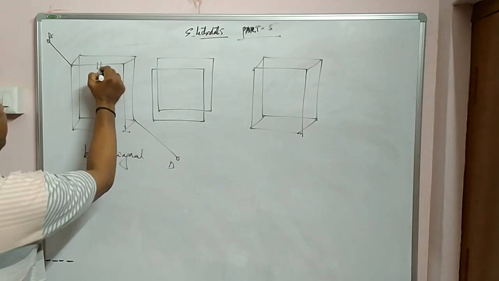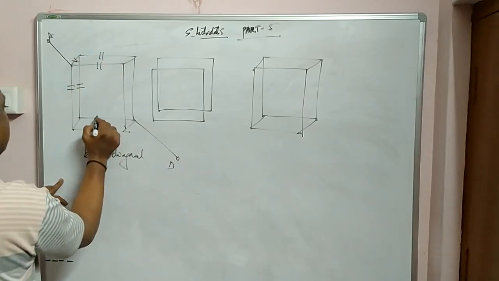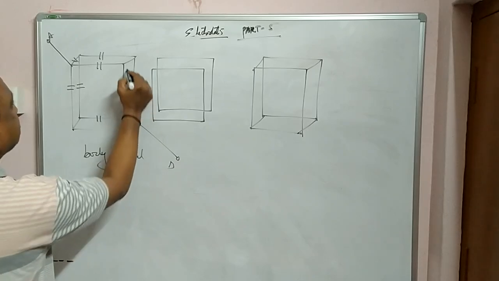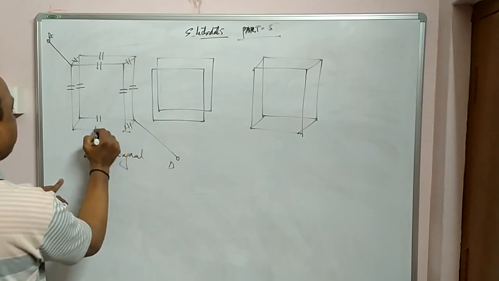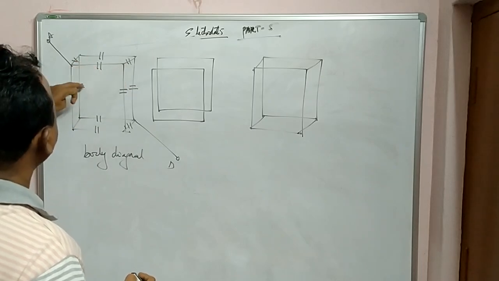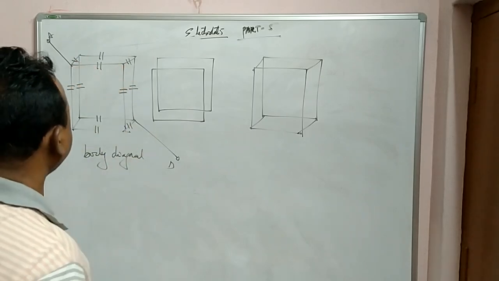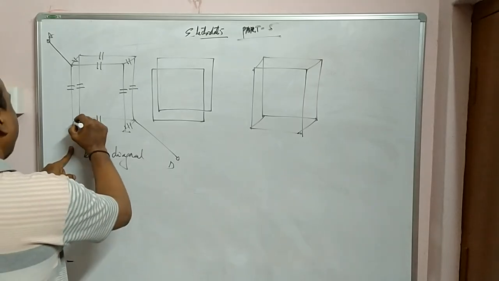Equal capacitance values. The same value: 1, 2, 3, 4, 5, 6, 7, 8, 9, 10, 11, 12, there are 12 in total, please check. One more here, 12.